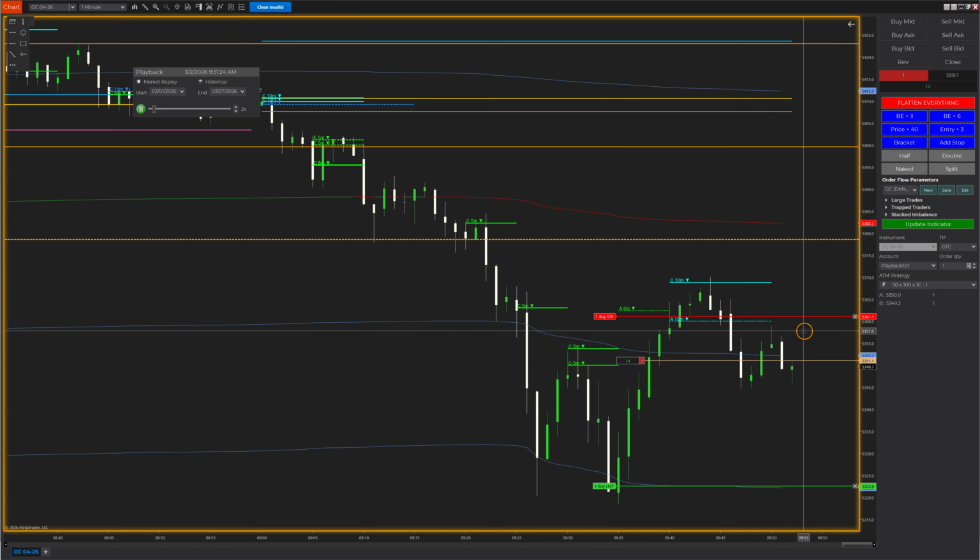So I'm considering this essentially a wick of the level. This could be a double bottom right here. Ooh, don't go up. There you go.